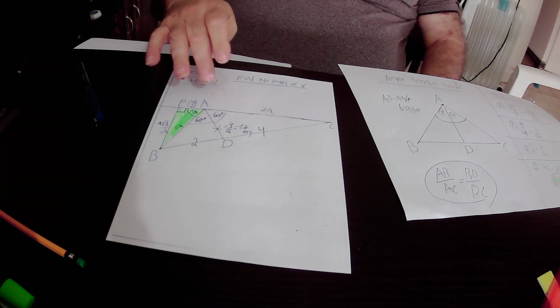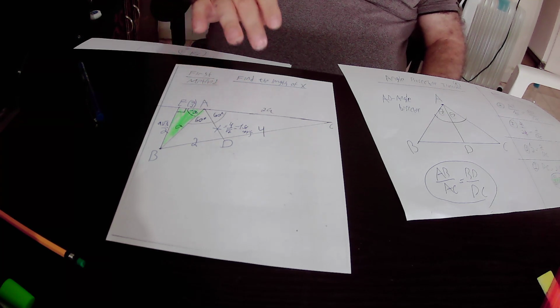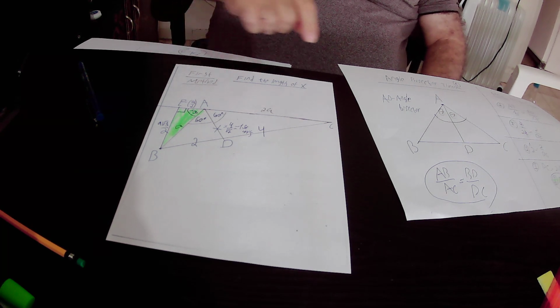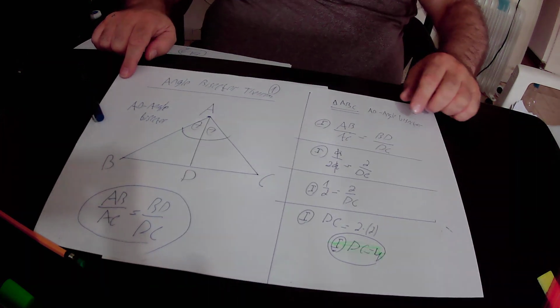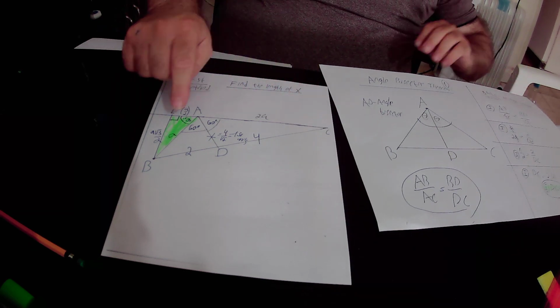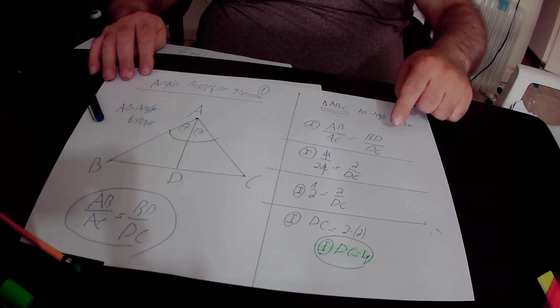AD divides angle BAC into two halves, each equal to 60 degrees, therefore AD is defined as the angle bisector. We did it and we got that according to the angle bisector theorem, AB over AC equals BD over DC.